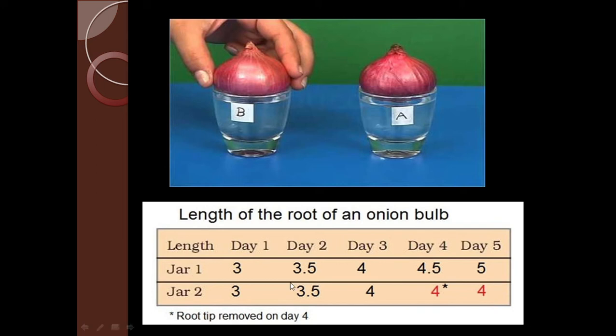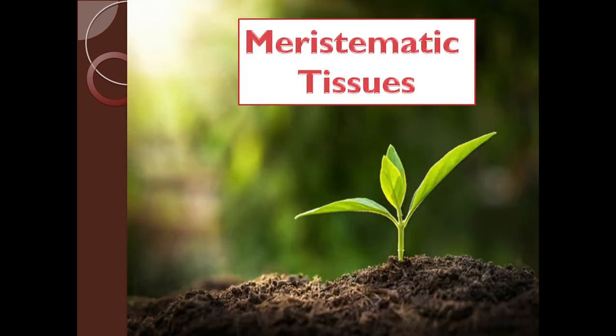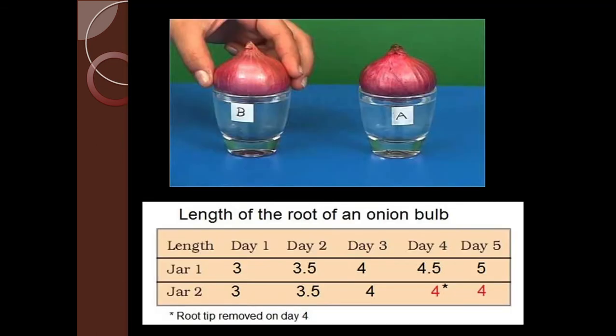Now, why did this happen? Why did the growth of that root tip stop after removing the tips on day 4? Here you can see the same length, that is 4 centimeter, on day 4 as well as on day 5. This is because of the meristematic tissues. See, initially roots of both the onion bulbs show growth.